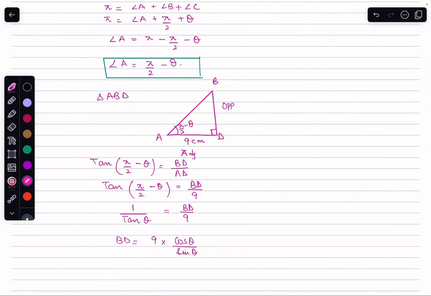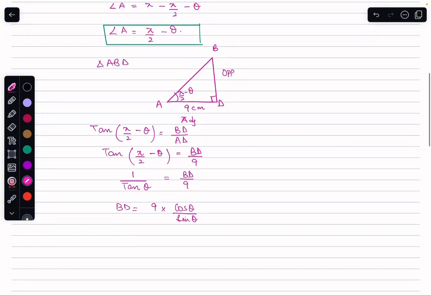I'm writing it in terms of cos θ over sin θ because I want the entire equation in terms of sin²θ and cos θ. So this is the equation for BD in terms of θ, 9 cos θ divided by sin θ. We have solved for the triangle ABD.